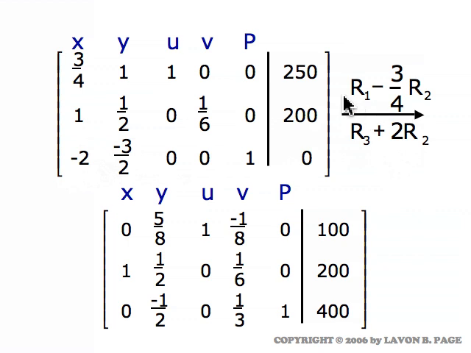So when you carry out the operation row 1 minus 3/4 row 2, we get the new row 1 shown here. And when we carry out this row operation to get the new row 3, we get the row 3 shown here. And we have now finished the first step.